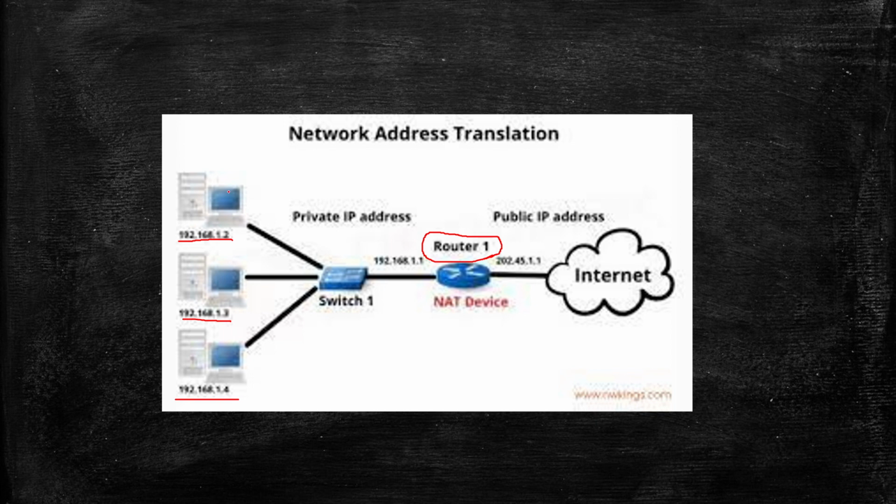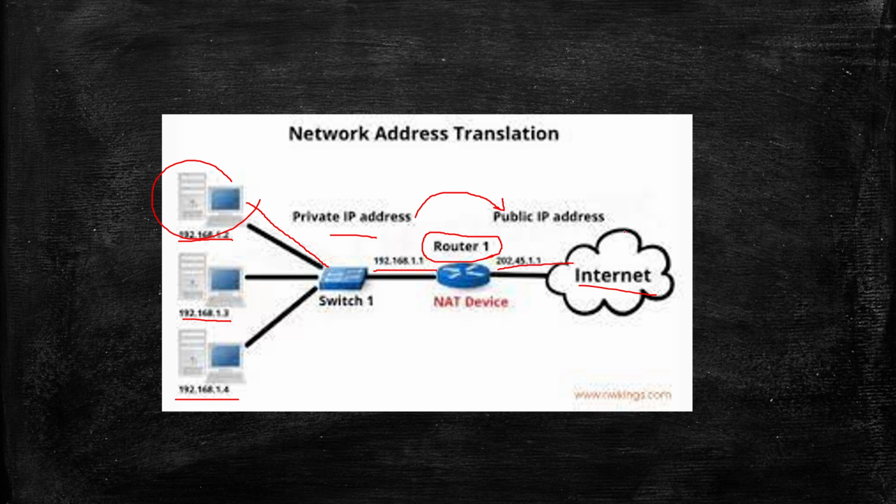This computer wants to communicate with the internet. So what will it do? It will go through the switch, then it will transfer the address, and your private IP address is converted into a public IP address. When you connect with the internet, your IP address must be public.